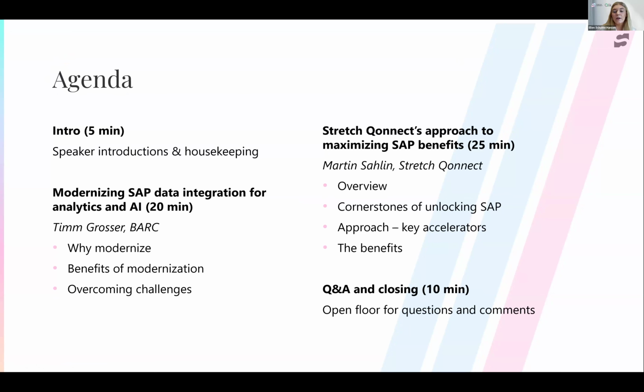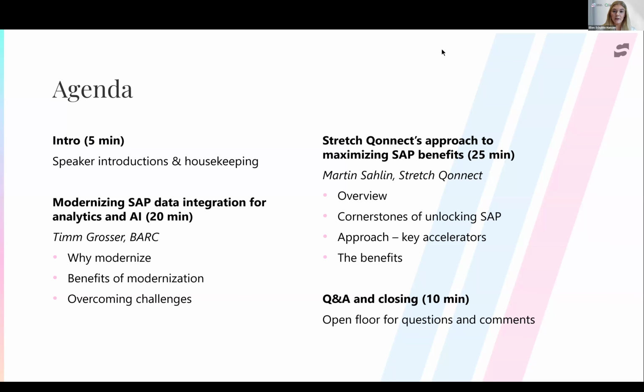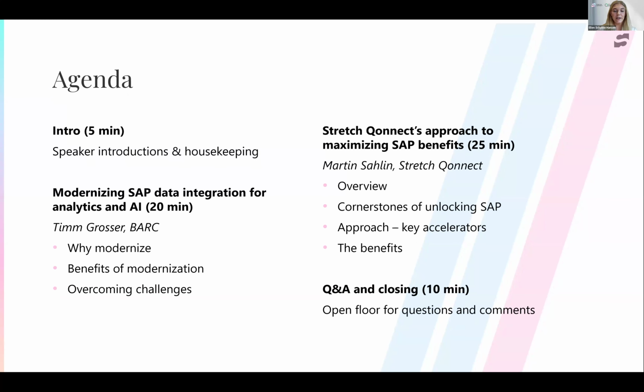Afterwards, Martin from Stretch Qonnect will guide you through the SAP part of how to unlock your SAP data. Afterwards, we have a quick Q&A session where you will be able to get your questions answered, or you can add comments. You can also add comments in between the sessions or whenever you like, and I will make sure that they will be asked.